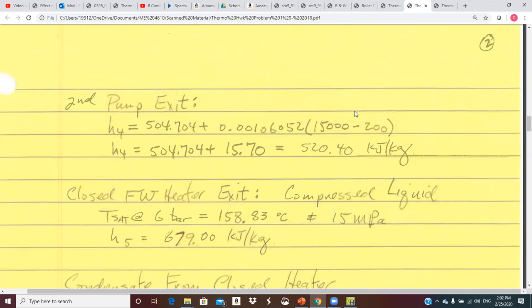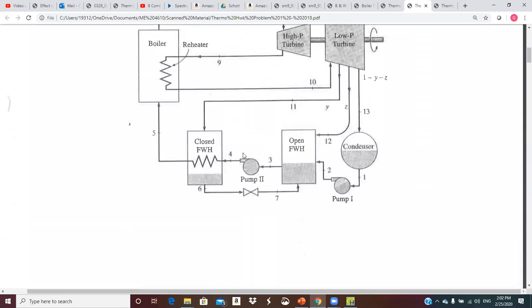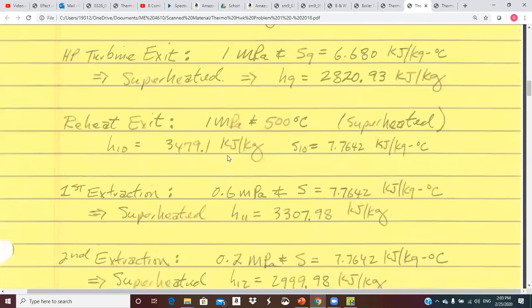Neat little trick to remember. So the pump work portion is 15.7. Add it on to the entering enthalpy, and we get 520.4 coming out of this second pump. That's at 4. Now that's not 5, but that's coming out of the pump.